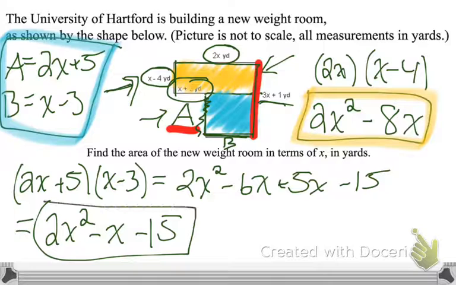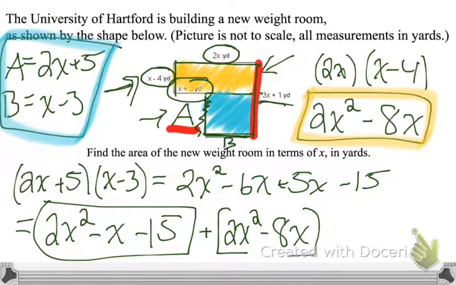Okay, so that is the turquoise area. If we add that to the yellow area, 2x squared minus 8x, we're going to get our answer.